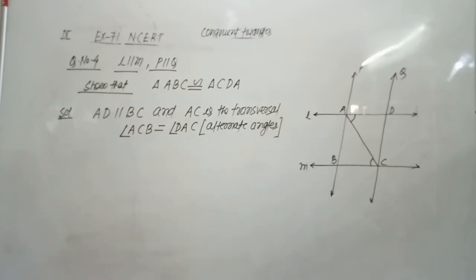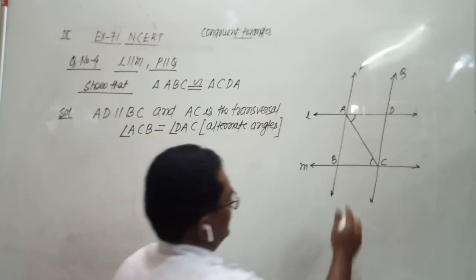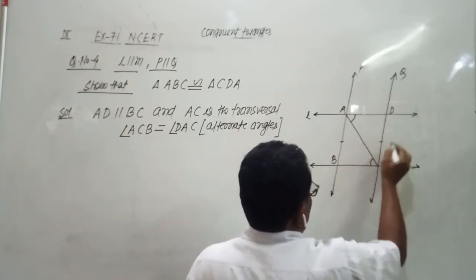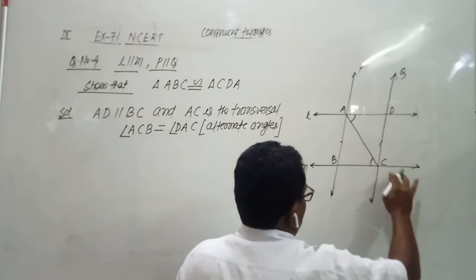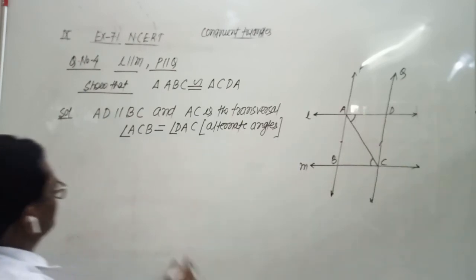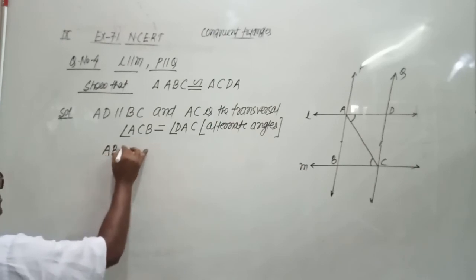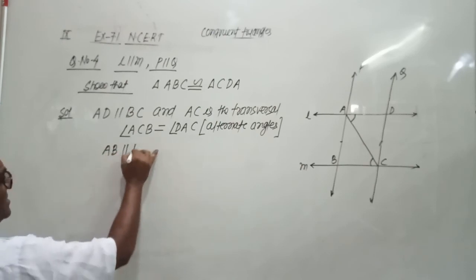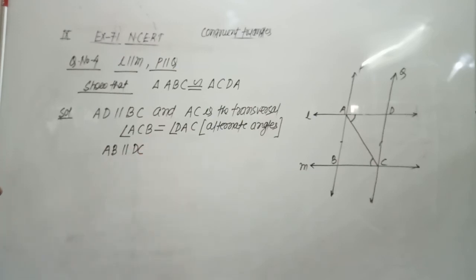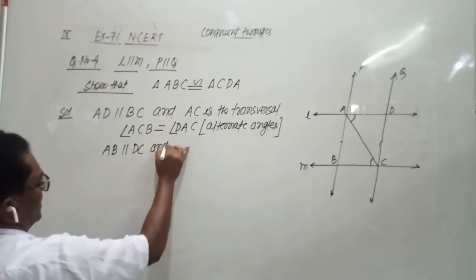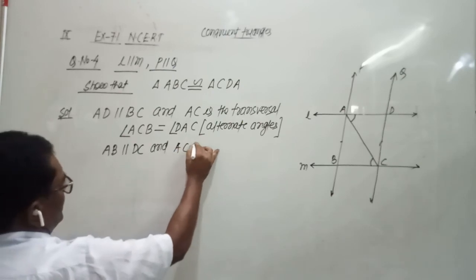Now AB is parallel to DC and again AC is the transversal.